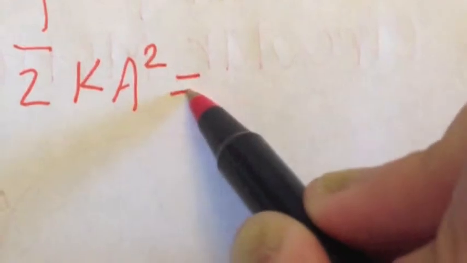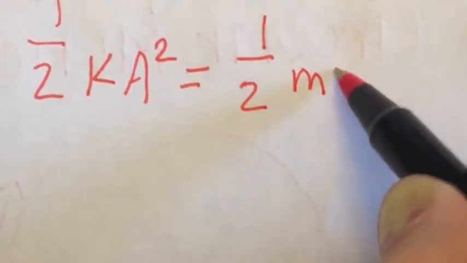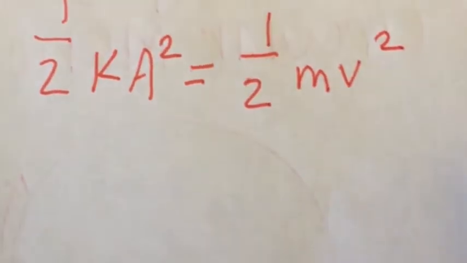So we set these two equations equal to each other so we can figure out the period, which would be 1/2 Ka squared, or the maximum potential energy, is equal to 1/2 mv squared, or the maximum kinetic energy.